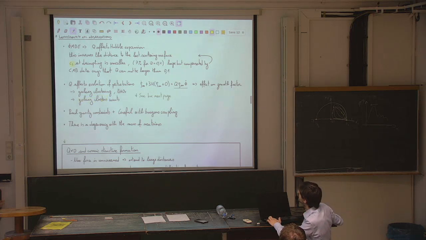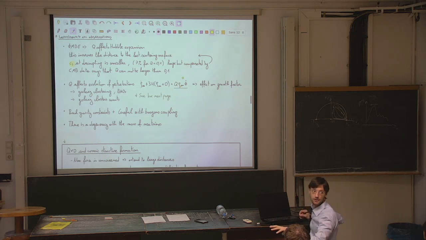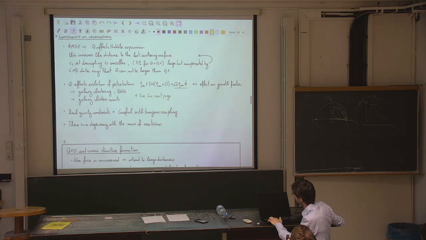So Q has an effect on cosmic structure formation, and we are going to go into details on that. There will be a series of lectures just about structure formation with modified gravity and coupling terms of this sort. Then we have local constraints, and we don't want to screw up cosmology. So these are all the constraints that we have on Q.